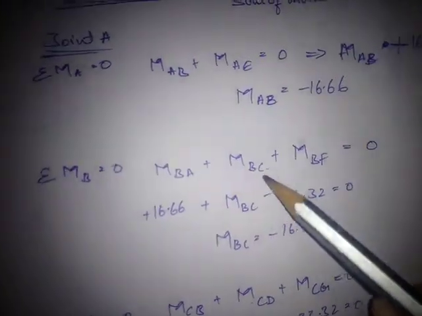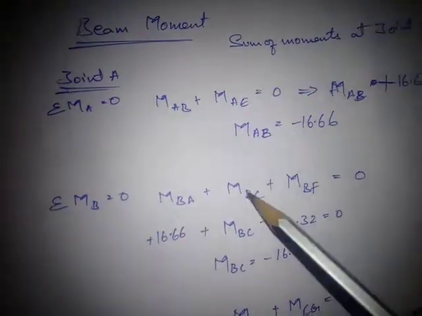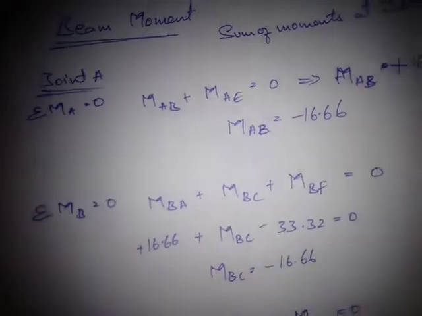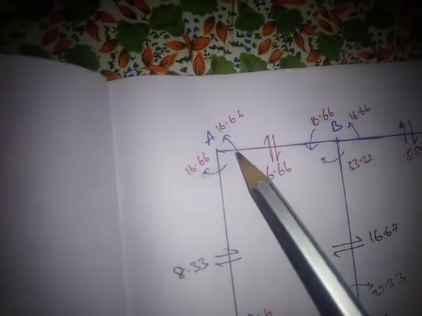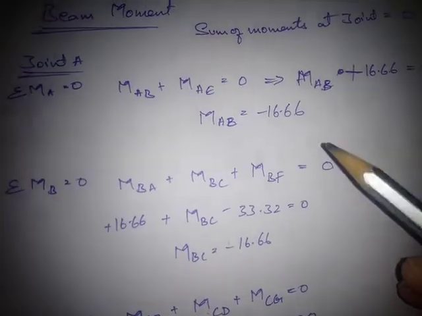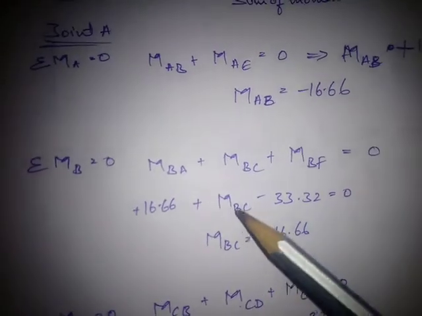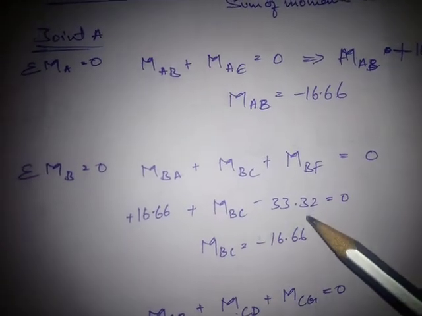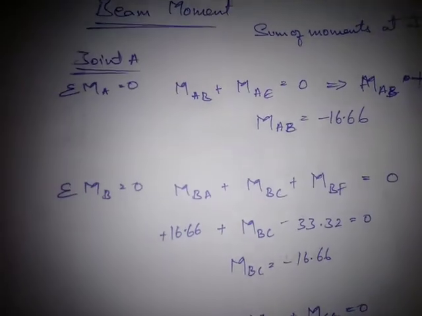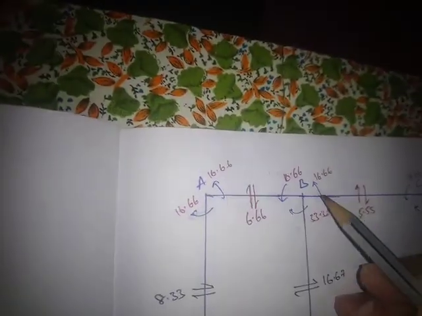Similarly for joint B, MBA plus MBC plus MBF, whereas BA and BC are the beams and BF is the column member. As the moment here is anti-clockwise, here we will take it as clockwise moment. So there is 16.66 plus MBC minus 33.32 equals 0, so MBC is 16.66, which we have represented here as anti-clockwise.